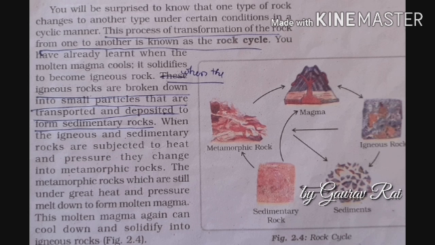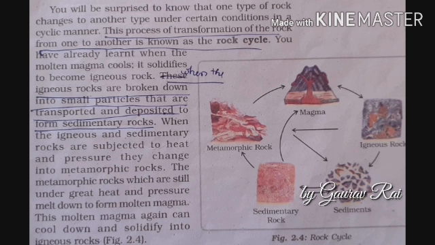When igneous rocks solidify, after that they start to convert into small particles, small pieces, that are transported by wind and water and go to one place and deposit and form sedimentary rocks. After collecting as sediments and after compressing by wind and water, it becomes sedimentary rock, from igneous to sedimentary.